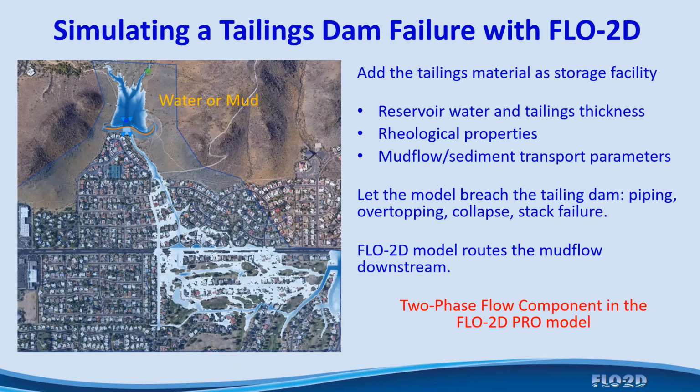So this is one option that you can use to basically calculate the dynamics of the tailings mud flow volume and route that downstream in the domain. Again, for this option, you need to use the two-phase flow component, and you need to enter all this data into your FLO-2D model in the QGIS tool.